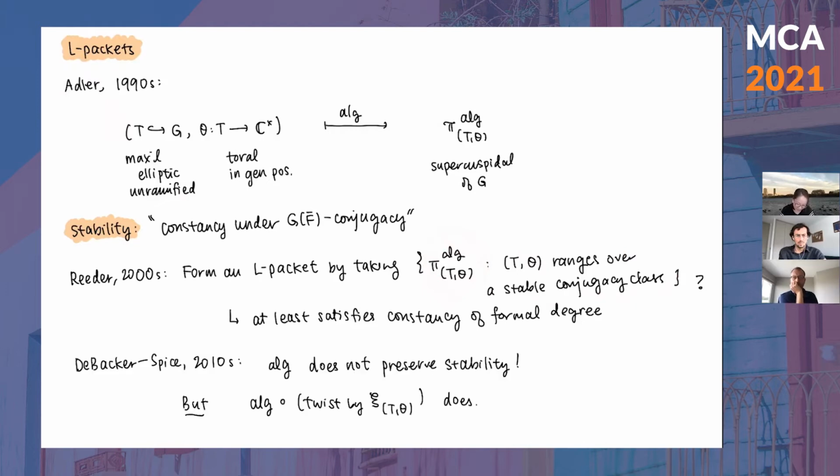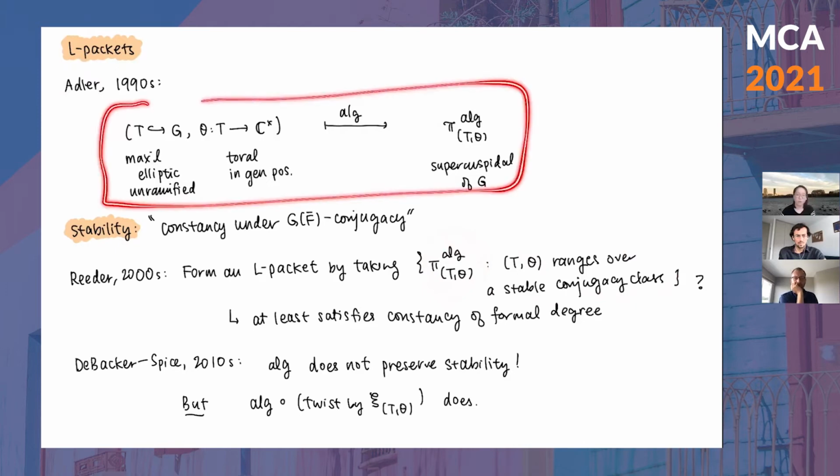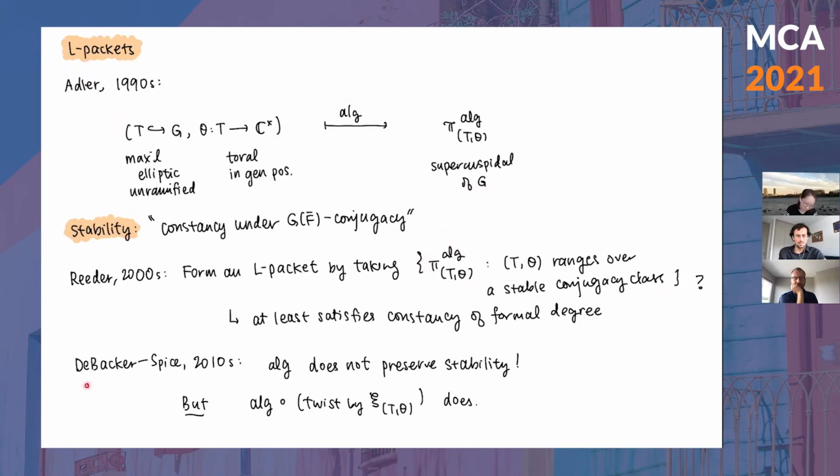And then some years later, the plot twist here is that in fact, this recipe does not preserve stability. This was proved by DeBacker and Spice maybe around 10 years later. In order to get the recipe that does preserve stability, you have to make a twist before you take this recipe alg.